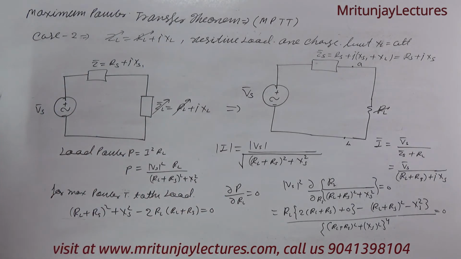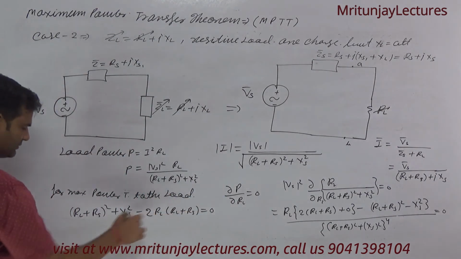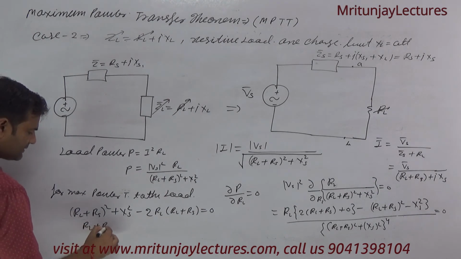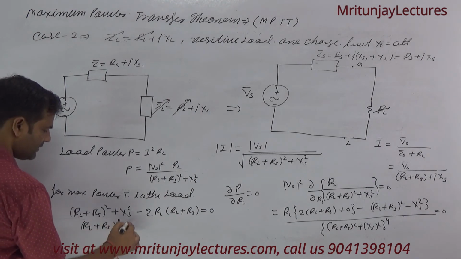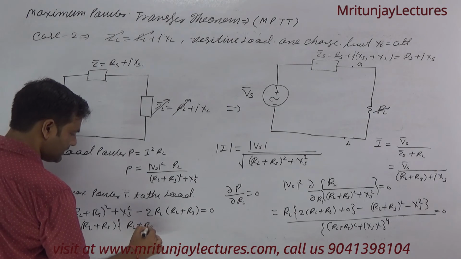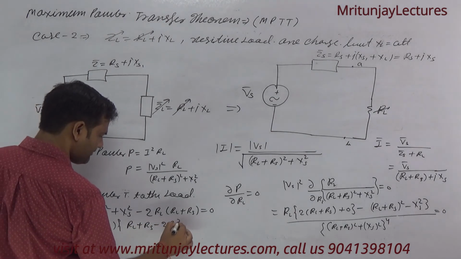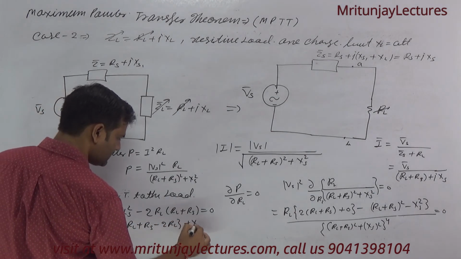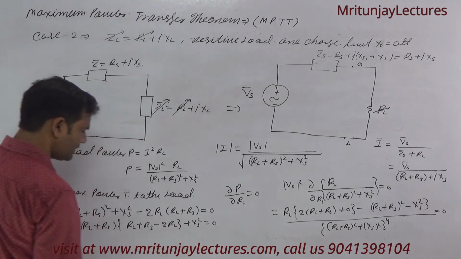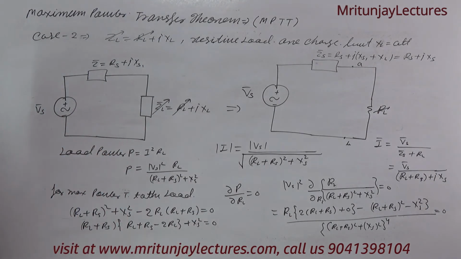Clear? Now in this one and this one, RL plus RS is common, so we get (RL plus RS) minus 2RL, squared. Clear? Is it clear or not?